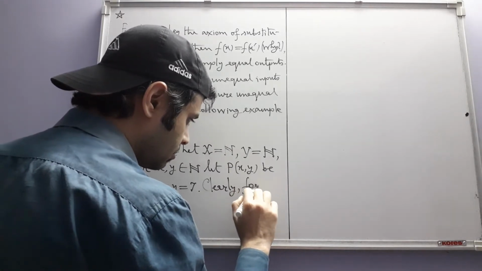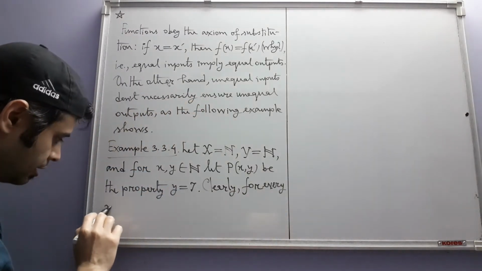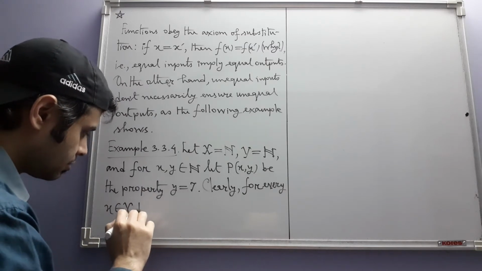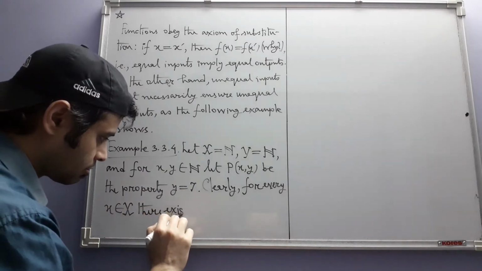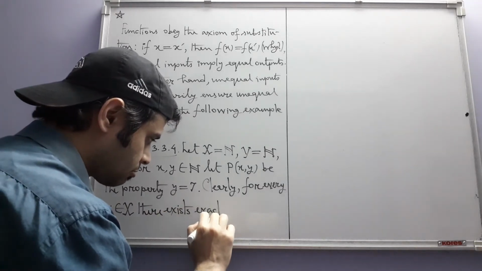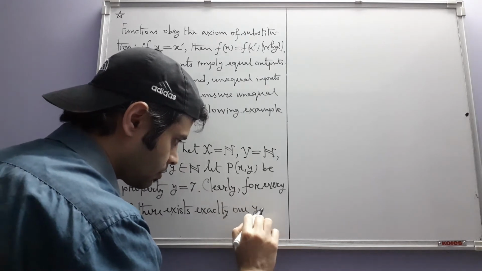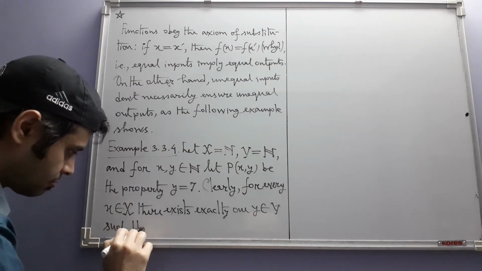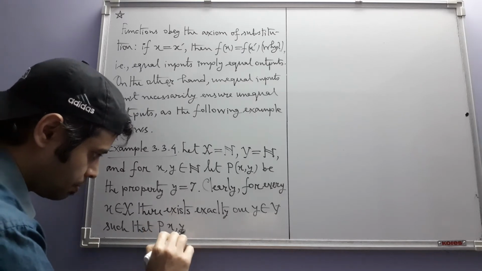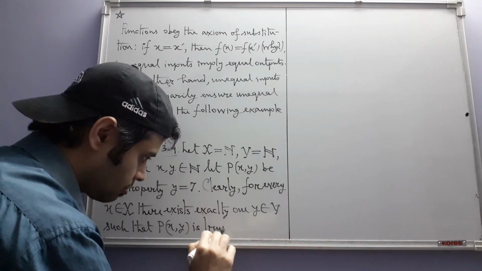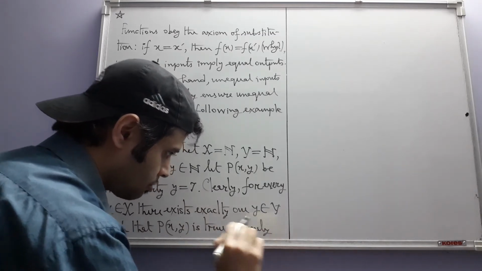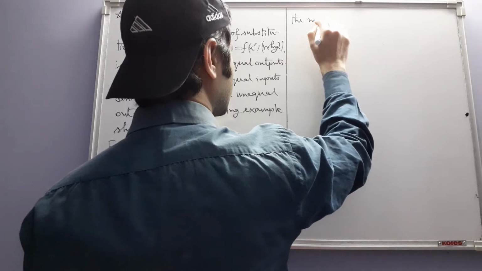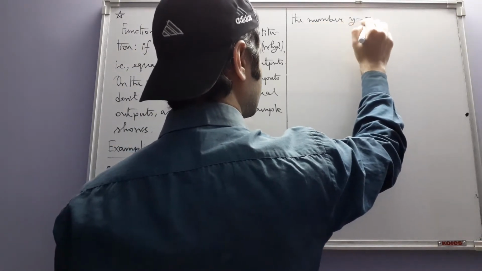Clearly, for every x in X, which is nothing but a natural number, for every natural number, there exists exactly one y in Y such that P(x, y) is true, and that y is this number, y equal to 7.